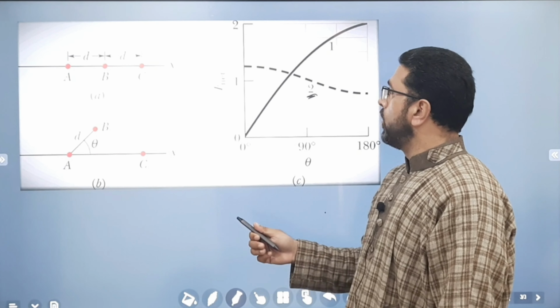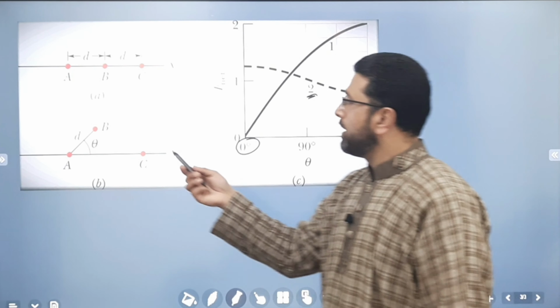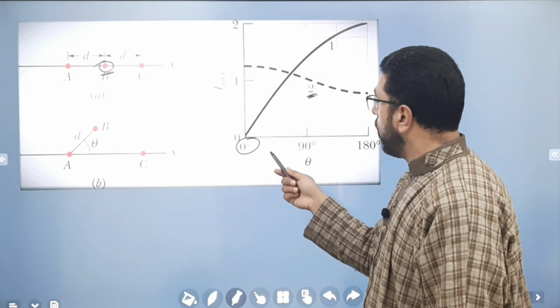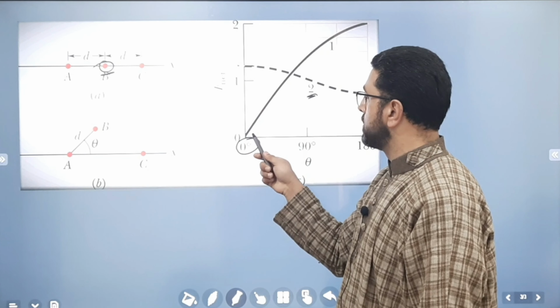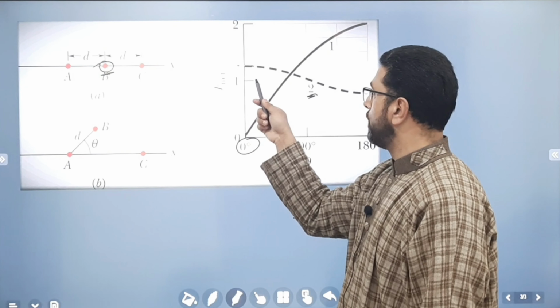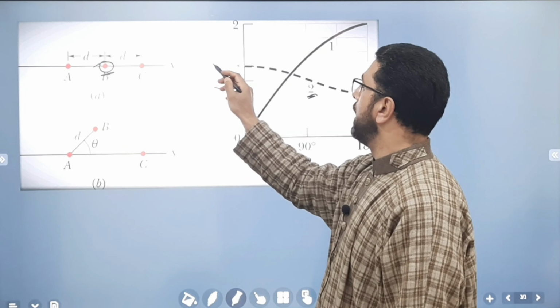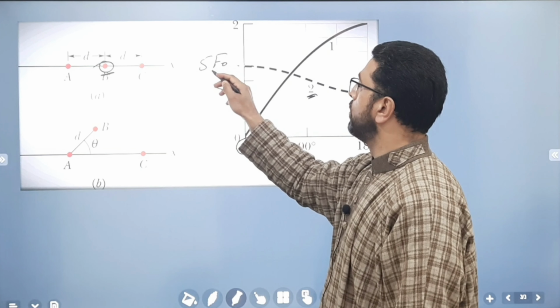Now curve 2. Note that when angle theta is 0, meaning when particle B is here, force on particle A is here. That is 1, 2, 3, 4, 5 times F0 by 4.